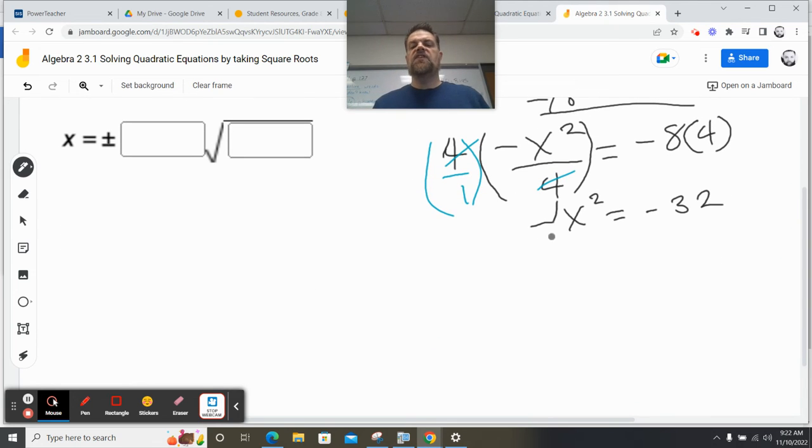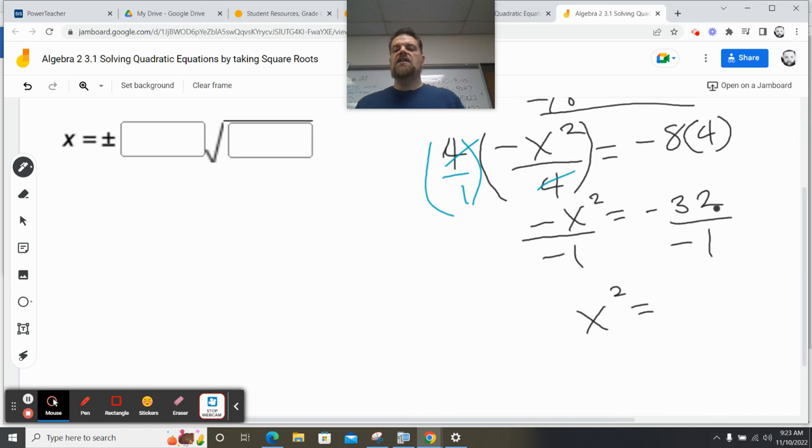Well, if this is negative 1 and I'm multiplying by negative 1, what's the inverse of multiplying by negative 1? Dividing by negative 1. And whatever I do on one side, I do to the other side. So here, a negative divided by a negative is just a positive. And same thing over here. When you divide a negative by a negative, it becomes a positive 32.